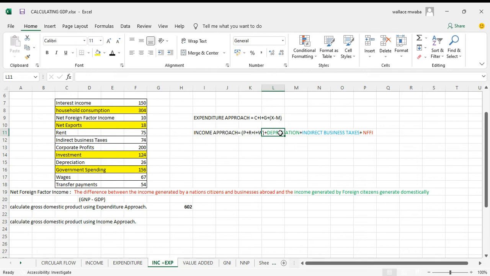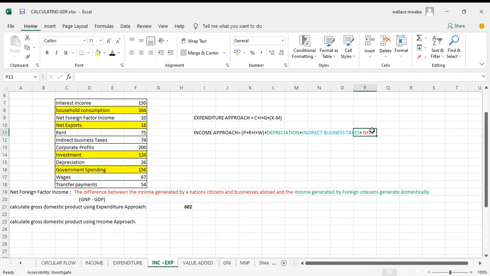And these adjustments will be depreciation, indirect business taxes. These are the taxes passed on to the consumers on goods and services. Examples of indirect taxes are excise duties, which are on liquor and cigarettes. And then we've got our net foreign factor income.